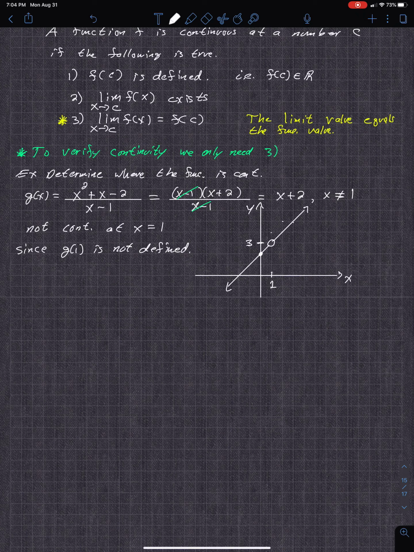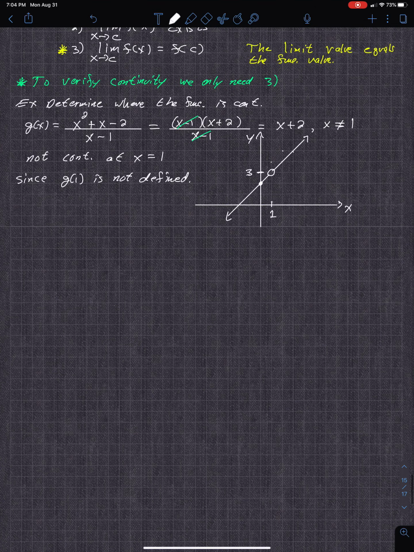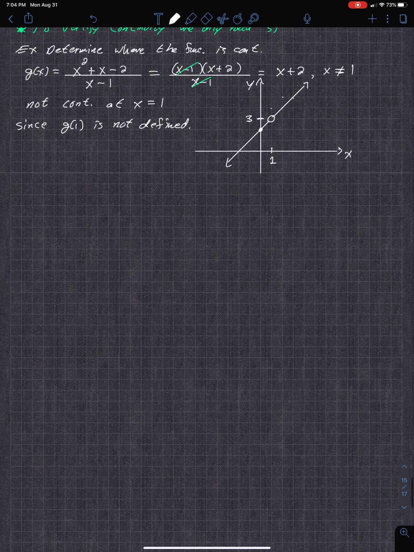Okay, in this function. Now, this function here, the x plus 2, that is defined. I mean, if it was f of x is x plus 2, that's just a line. Of course it's continuous. Okay, so you got to be careful, that kind of stuff. All right, now let's look at another case using the same original function, but let me go ahead and define this one.